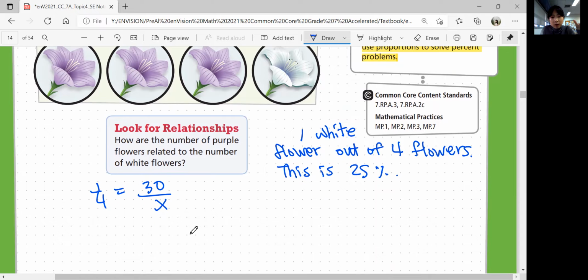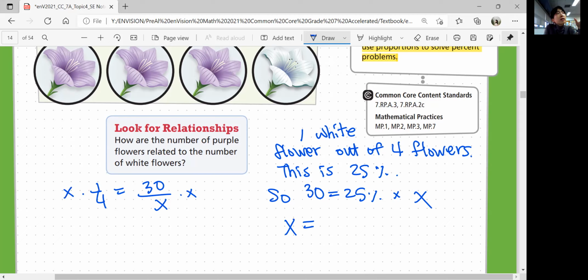How many total flowers would you see is the question. So 30 is equal to 25% times x, let's match the variables. x is going to be how many flowers?